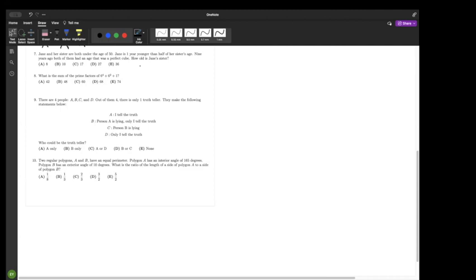Okay, so this problem, let Jane's sister's age be equal to x. Okay? Now we know Jane's sister's age is x. Now let's look at Jane. How old is Jane? Jane is 1 year younger than half of her sister's age.